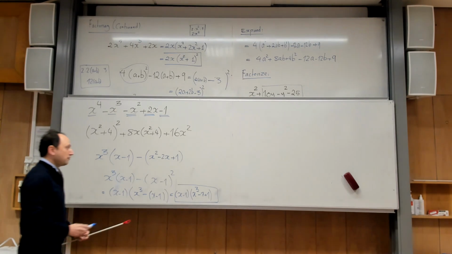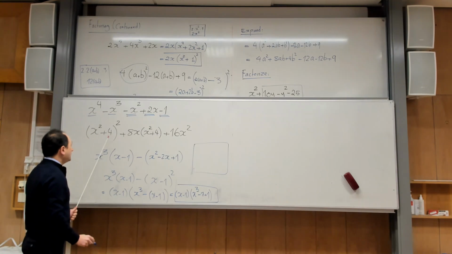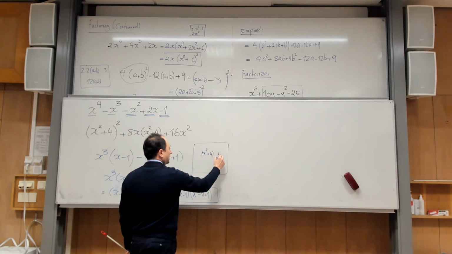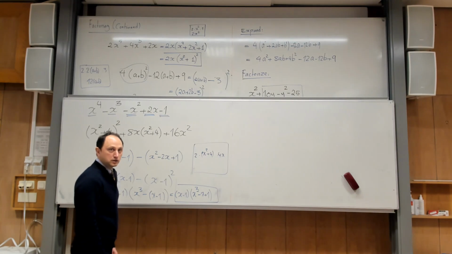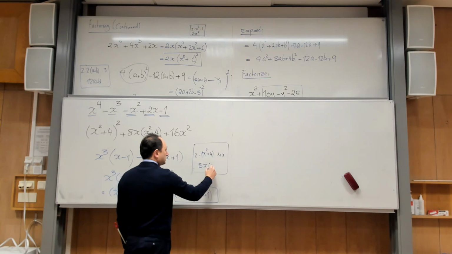But how should I be confident about that? I go to a scratch paper, I take the square root of this guy, it becomes x squared plus 4. I take the square root of this guy, which is 4x, I multiply them, and I multiply by 2. Then it becomes 8x, x squared plus 4.